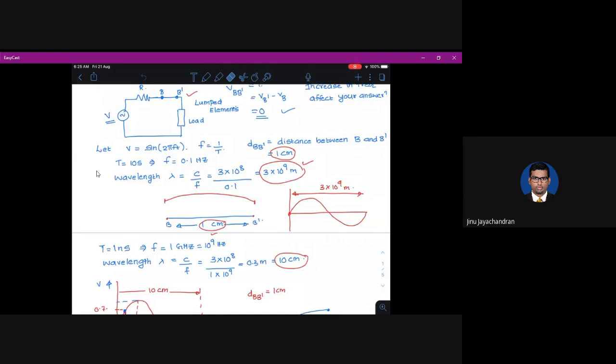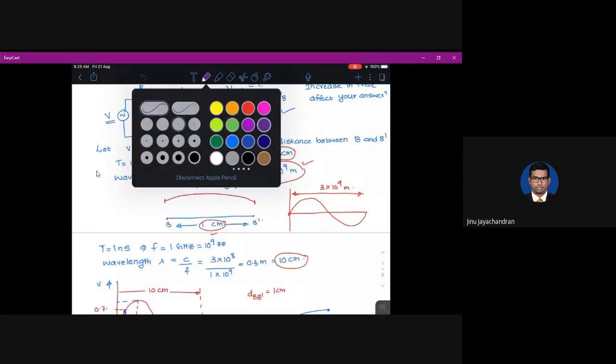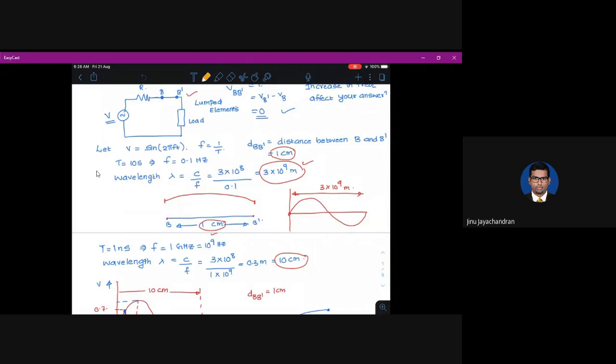So the first correction is that when I took the length of the wire in the circuit, I have mentioned it as 10 centimeter here, which should be 1 centimeter.